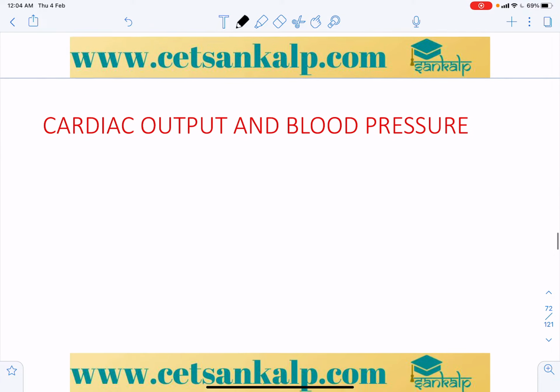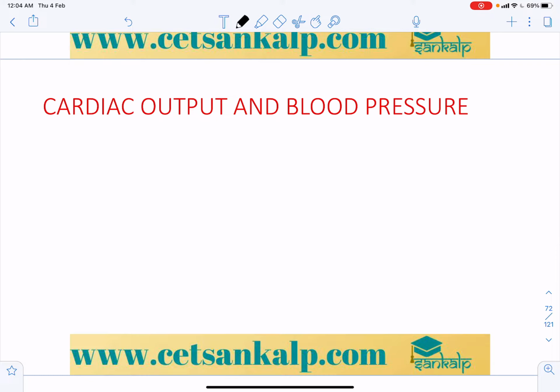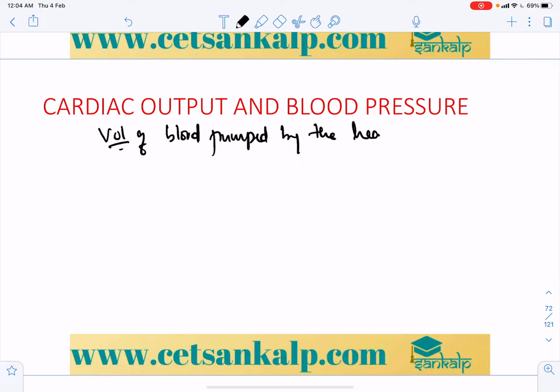Let us take what is cardiac output. As we all know, it is the volume, or the amount, of blood pumped by the heart.